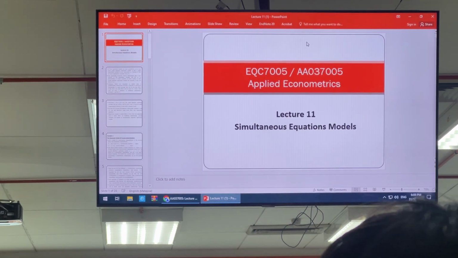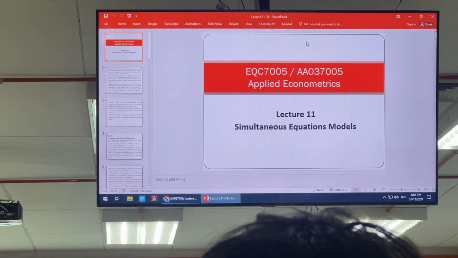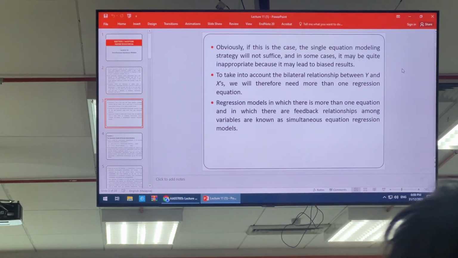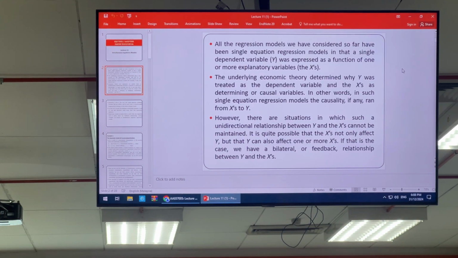Alright, so simultaneous equation model. All the regression models we have considered so far have been single equation regression models, in that a single dependent variable y was expressed as a function of one or more explanatory variables, the x variables.